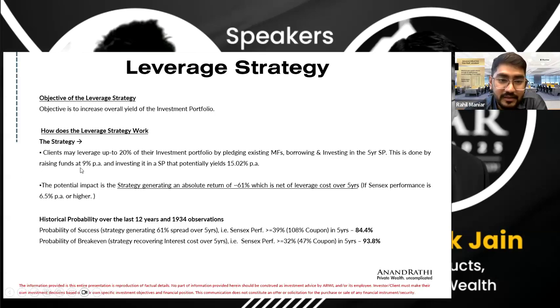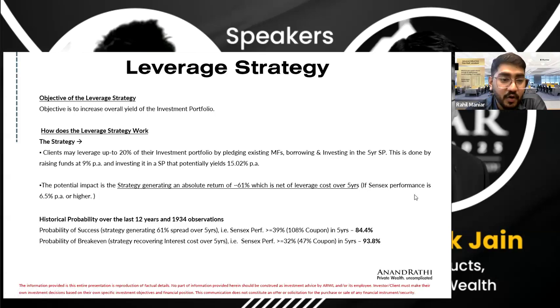This is done by raising funds at 9% per annum and investing into structures which potentially yield 15.02% per annum, right? So what is the impact of this? The impact is that the strategy generates an absolute return of about 61%, net of the leverage cost, over a period of 5 years, right?